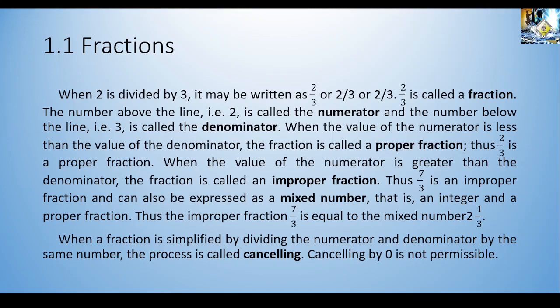We can also multiply the numerator and the denominator by the same number. Okay, for the next slide, we'll deal with some basic examples in fractions. Number 1 example, simplify 1/3 plus 2/7.